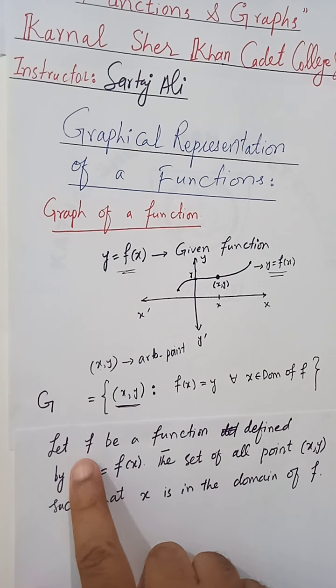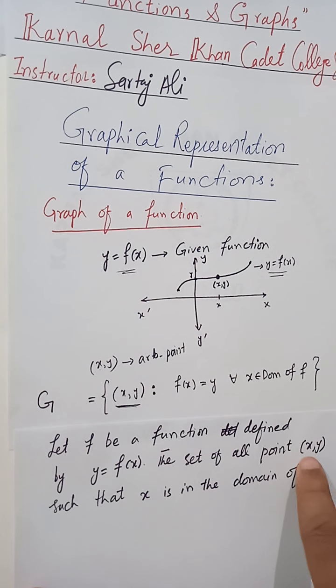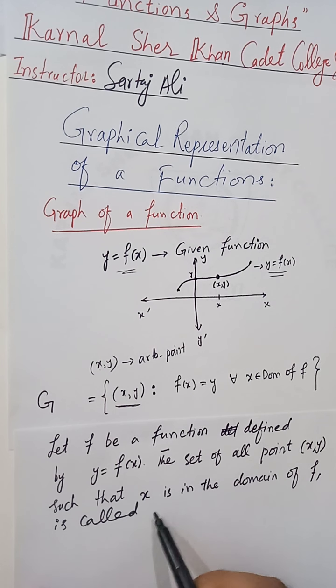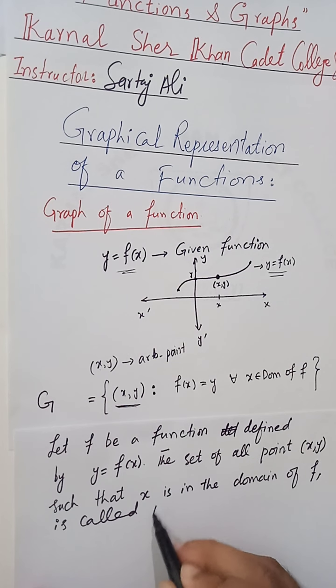So you see, let's say f is a function defined by y is equal to f of x. The set of all points xy, where x is in the domain of f, and when you plug that x in the function you get y, the image of x under that function, is called the graph of f.